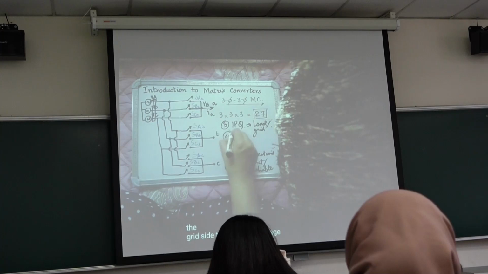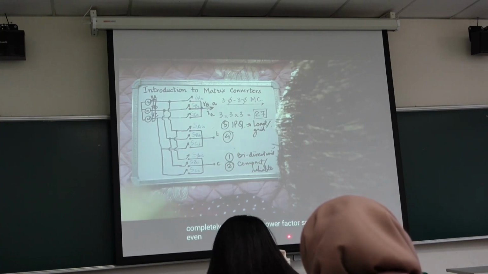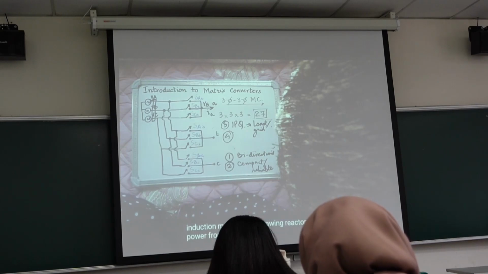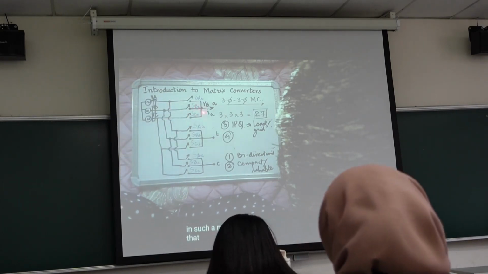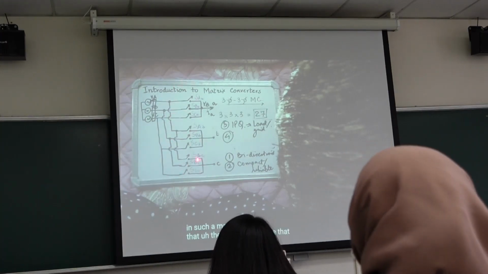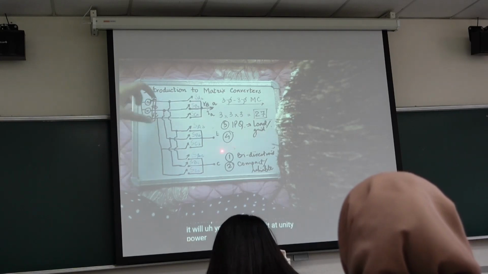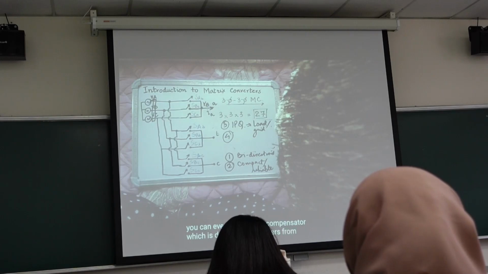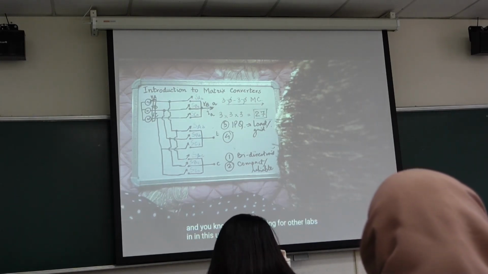The fourth advantage of using matrix converters is that you have a completely controllable power factor. Even though your load may be something like an induction motor, we can have unity power factor from the system, because you can control the switches in such a manner that the grid does not see reactive power. With an AC-DC-AC converter, the power factor is very poor.